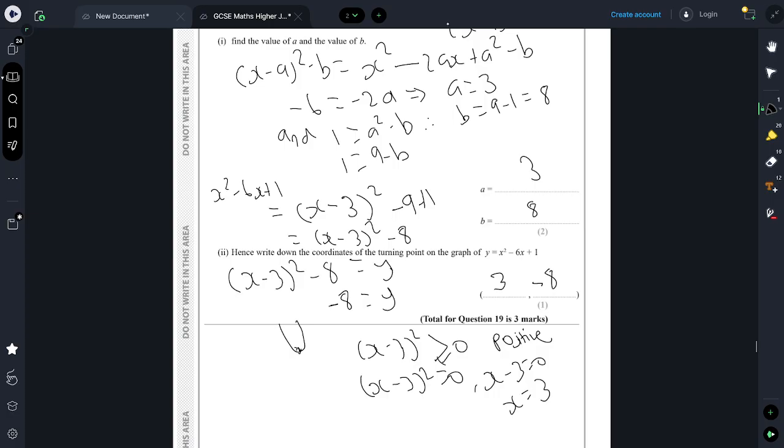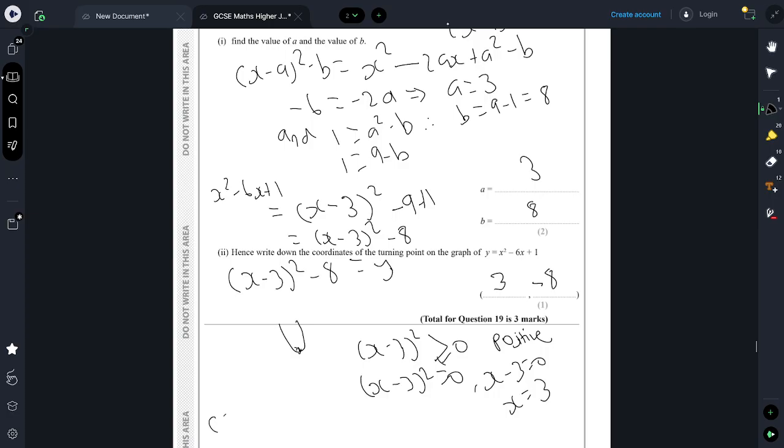But for 1 mark, usually they like asking to complete the square, which then allows you to see the turning point of the graph. Okay. So generally it's only 1 mark, so you just need to read off the completing square. So you need to recognise this is in completed square form.